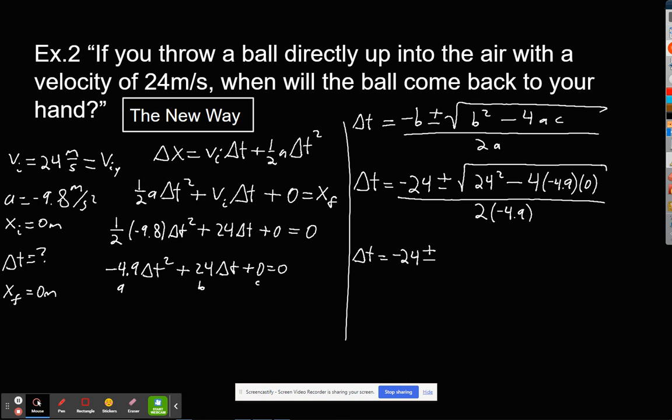Since we've got a 0 here, this whole term goes away. Then we're just doing the square root of 24 squared, which is just 24, over 2 times negative 4.9 is negative 9.8. And then once again, solve that twice, once for it being positive, once for it being negative.